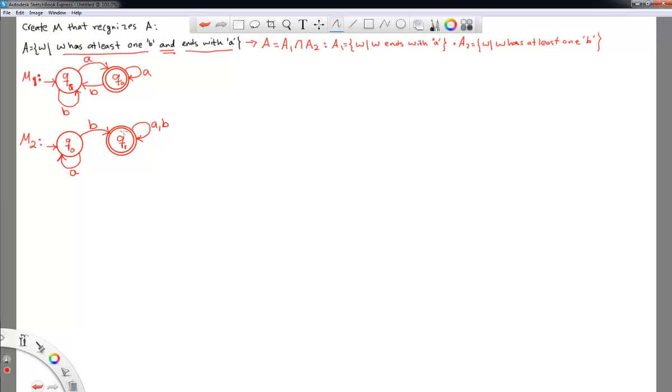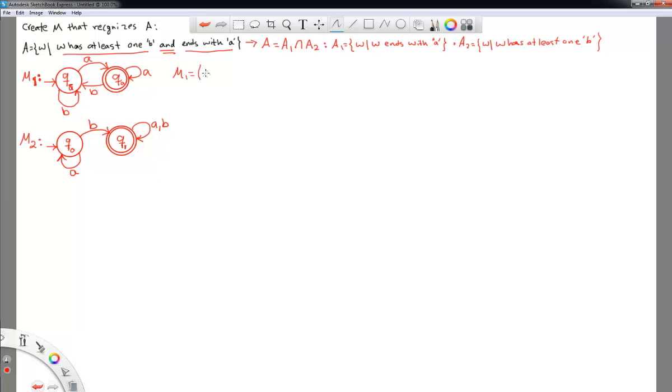So these are my two languages, A sub 1 and A sub 2, and accordingly I have M sub 1 and M sub 2 being their respective automata. Let's write these mathematically.